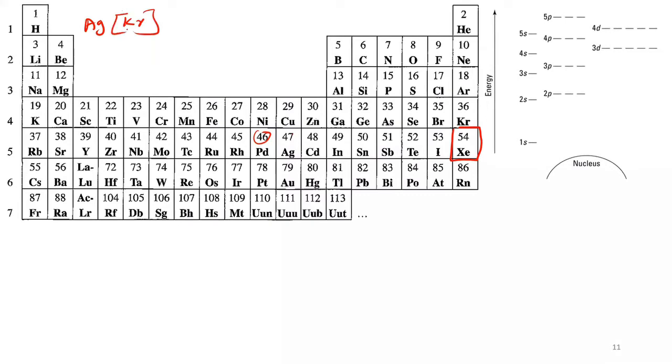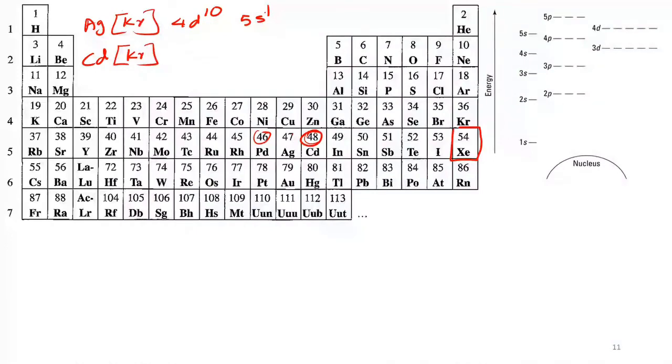You have krypton, and you have 4d10 and a 5s1 electron configuration. The next element is cadmium.